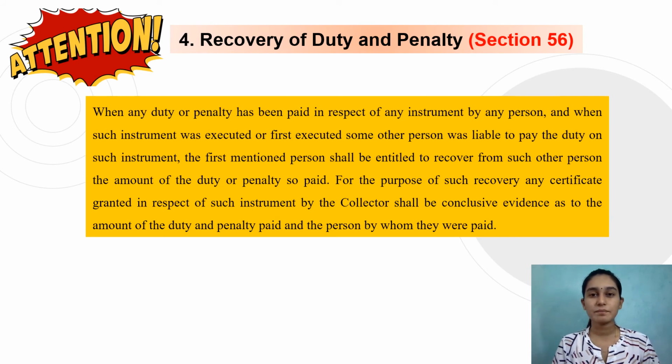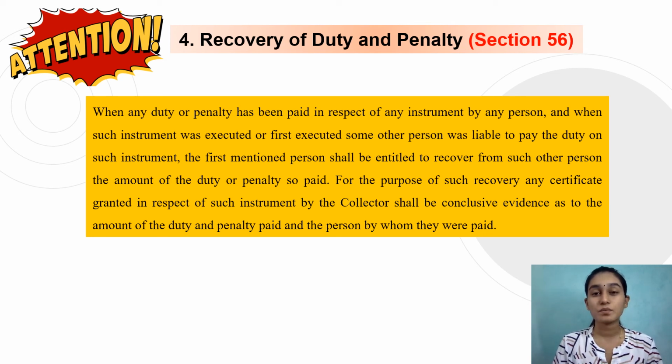Section 56 of the Stamp Act 1949 discusses the recovery of duty and penalty. By any agreement or under this Act, if any person paid any duty or penalty in respect of any instrument, and when such instrument was executed or first executed, some other person was liable to pay the duty on such instrument, the first mentioned person shall be entitled to recover from such other person the amount of the duty or penalty so paid.